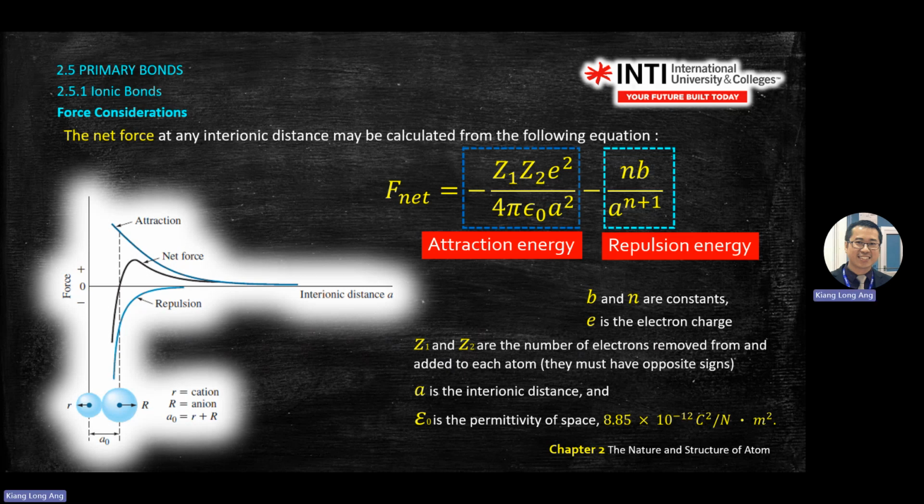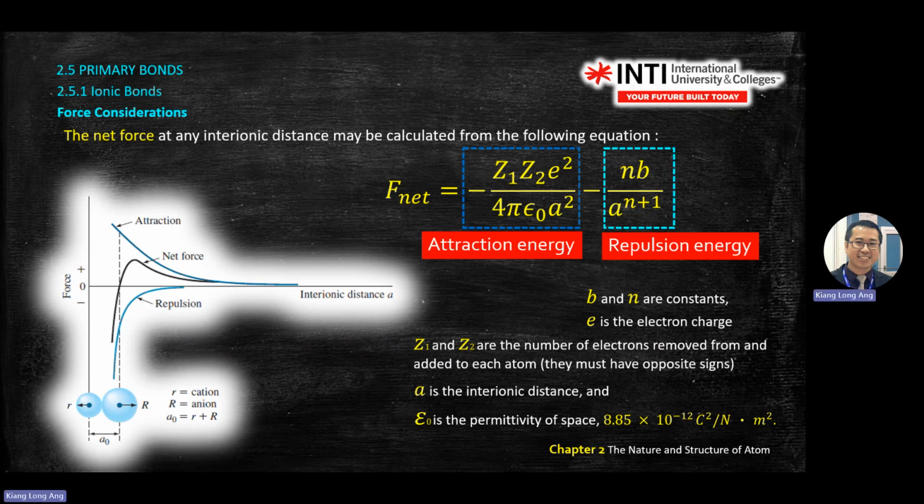Okay, so epsilon 0 is the permittivity of space, also a constant. A new number, this one: 8.85 times 10 to the power negative 12 Coulomb squared over Newton meter squared.